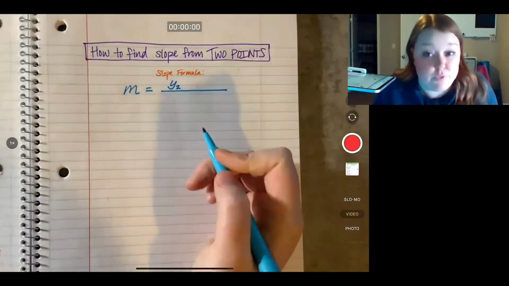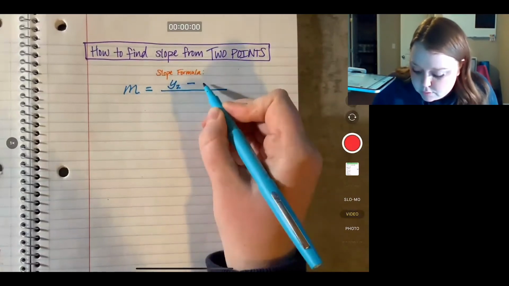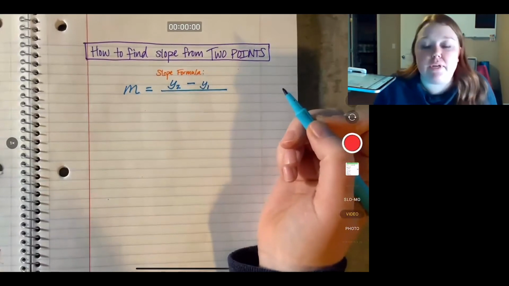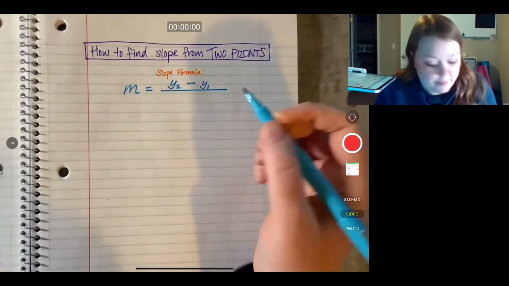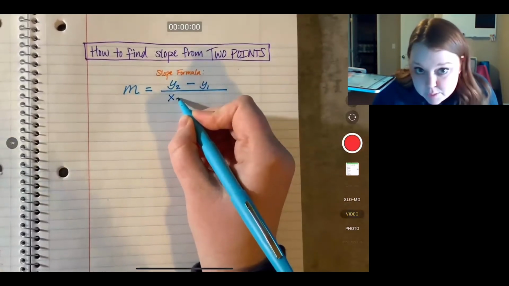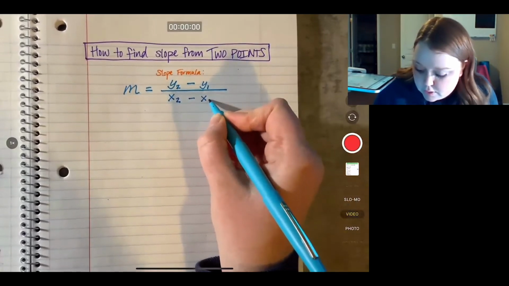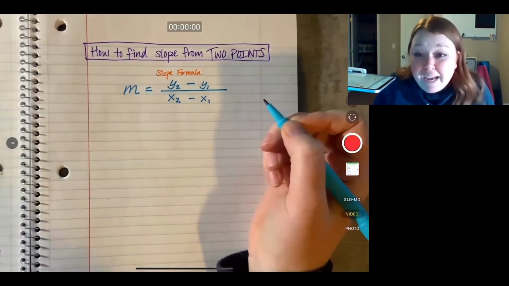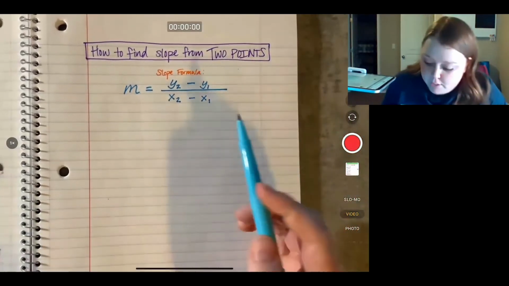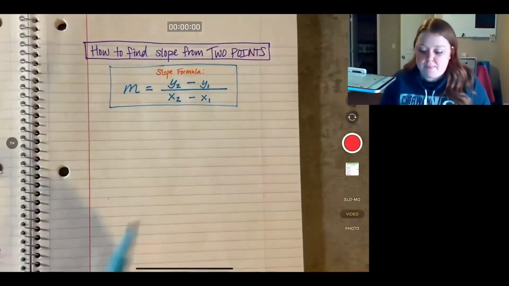It's called y sub 2. You're going to take y sub 2 and subtract y sub 1. Huh? Don't worry, I'll explain it. And then in your denominator, you're going to take x sub 2 and subtract x sub 1. What? Don't worry, I'll explain it, promise. But this is the slope formula.